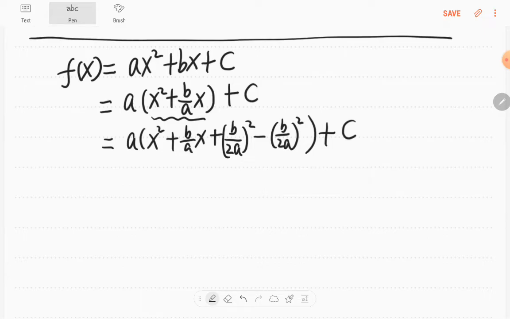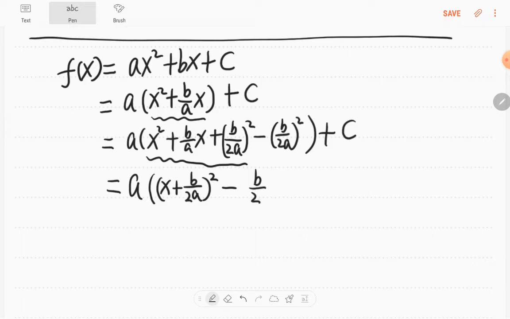Okay, so the first three terms here form a complete square, which is a times (x plus b over 2a) squared minus b squared over 4a, then plus c.